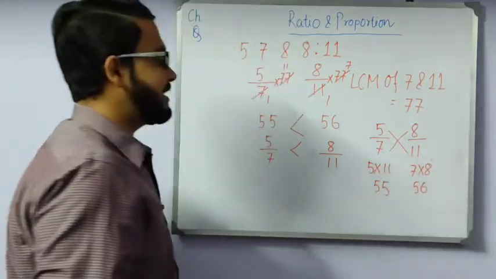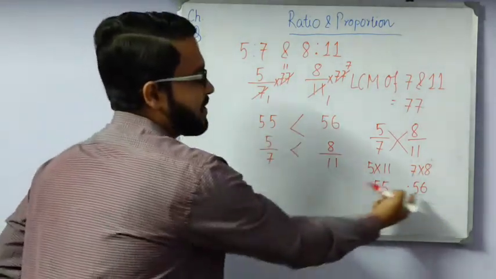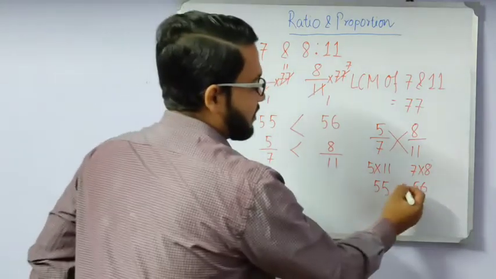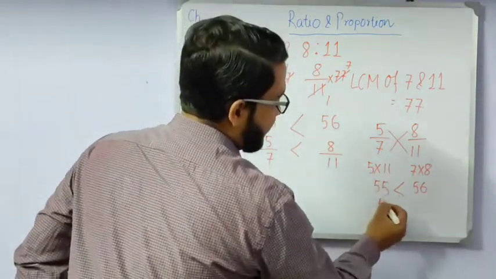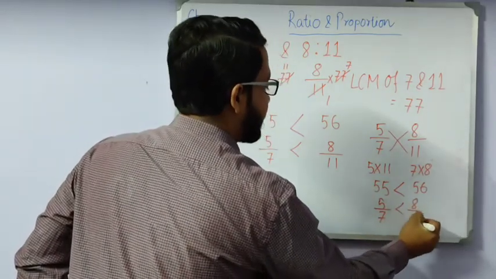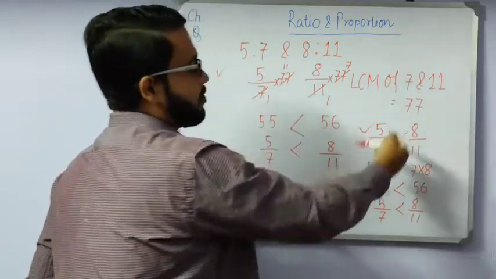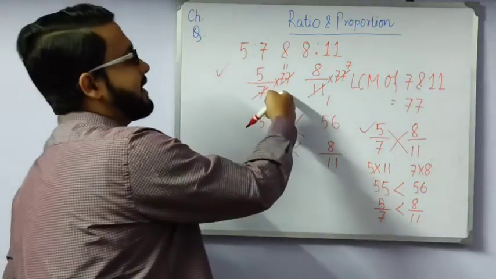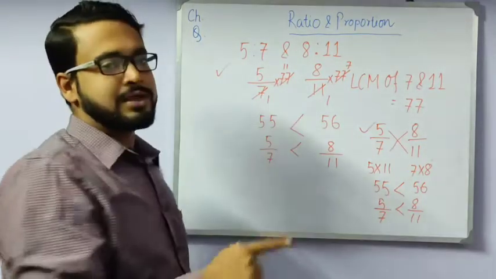Here we also find that 56 is greater than 55. The same result appears here. So we can write 5/7 is less than 8/11. So these are the two methods. By cross multiplying or by finding their LCM, we can easily find out which ratio is greater.